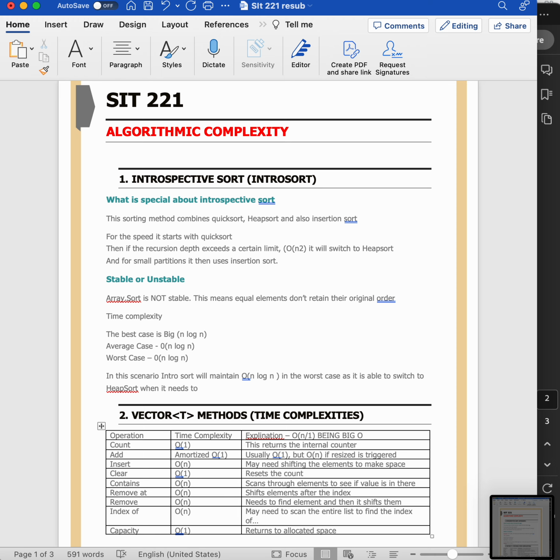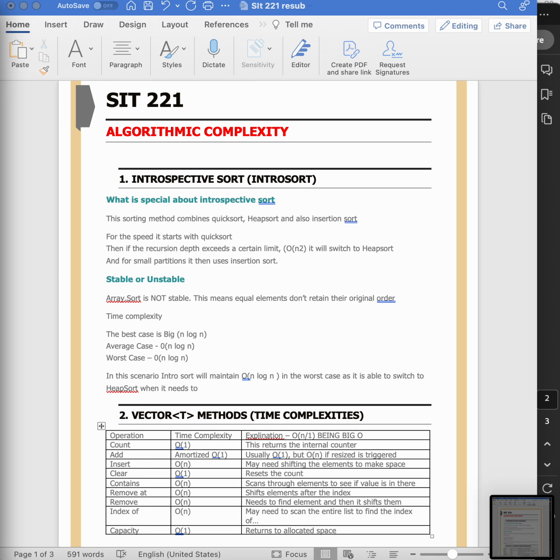Linear time is O(n), so it'll grow with the size of the array, or of the input, which is n. So O(1) is constant, taking the same time, and O(n) is different.